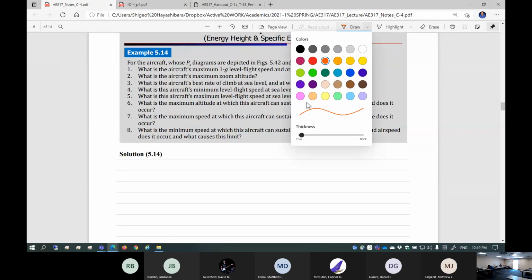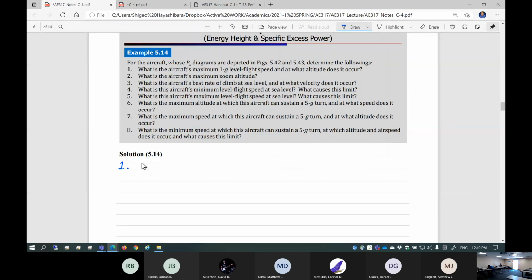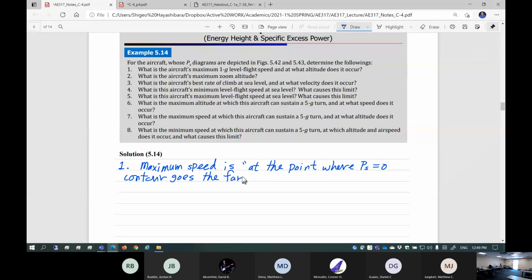So the solution here, number 1. Maximum speed is at the point where the PS equal to 0 contour goes the furthest to the right.